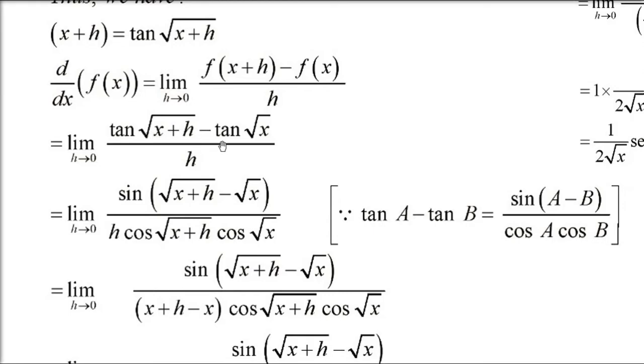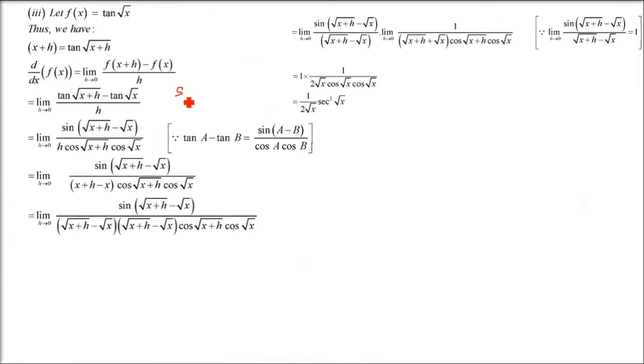So tan you will write as sin by cos minus sin by cos. With theta 1 and theta 2 being different, sin a cos b minus cos a sin b will be sin of a minus b. So this is theta 1, this is theta 2: sin theta 1 cos theta 2 minus cos theta 1 sin theta 2 is going to be the numerator, and in the denominator you have cos.